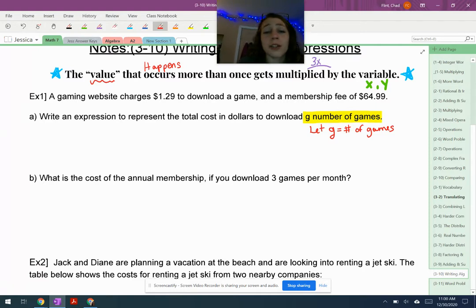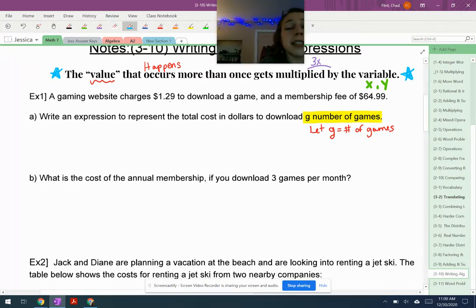So let's read through that example 1 again and figure out which one of these pieces is going to get multiplied by G for the number of games. A gaming website charges $1.29 to download a game and a membership fee of $64.99. So right here, when it says $1.29 to download a game, that's like saying per game, for each game.